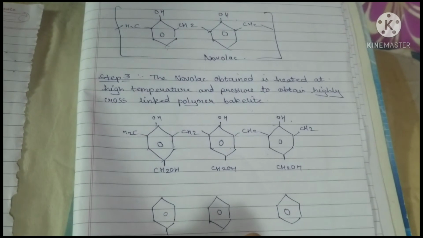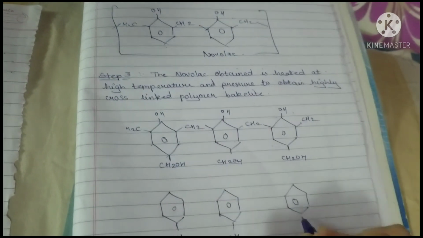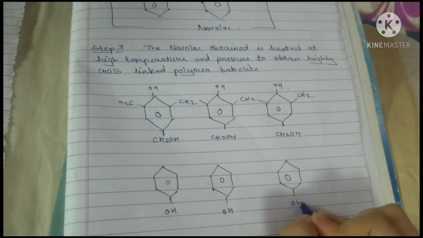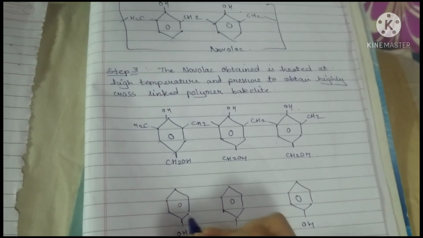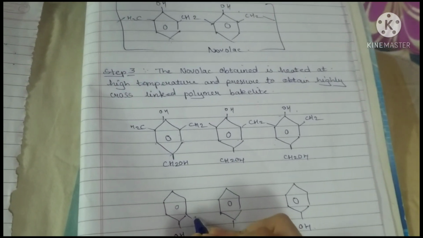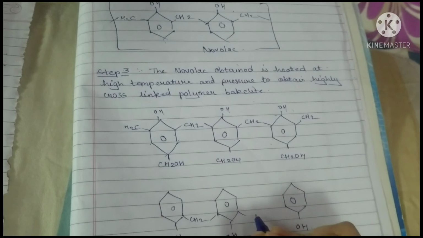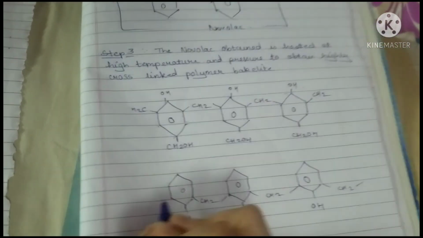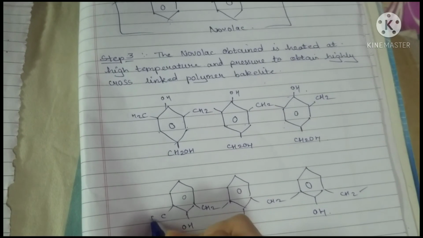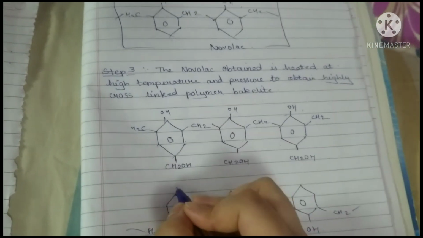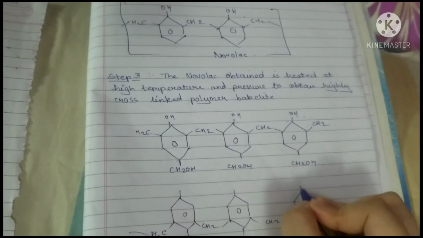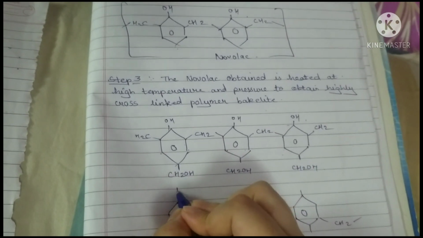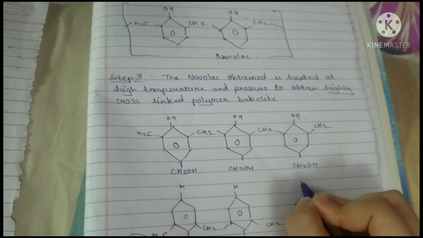So here it will be OH, OH and OH. Here you have your CH2 group, CH2 group, here you have your CH2 group, here you have your CH2 group. Okay, and here there is going to be H which will be present.